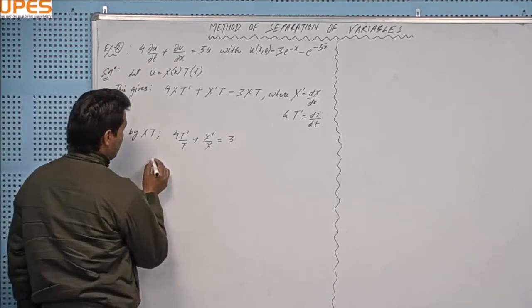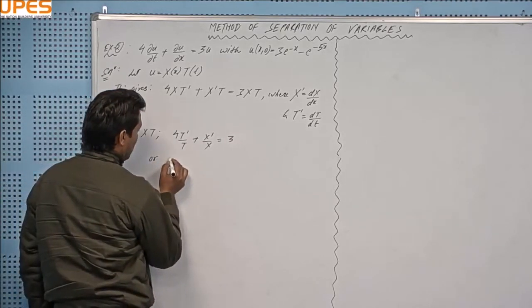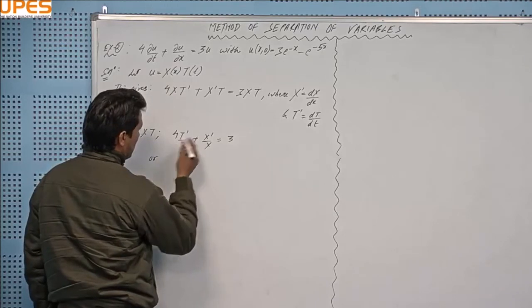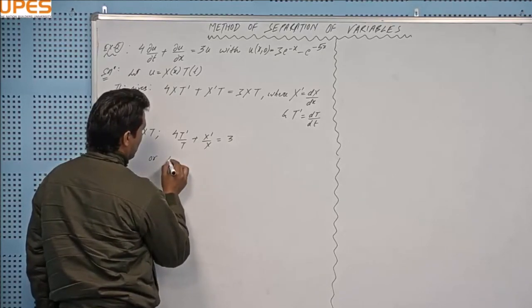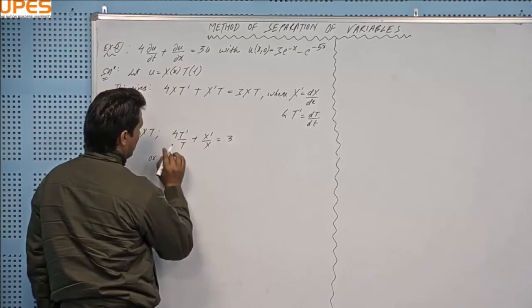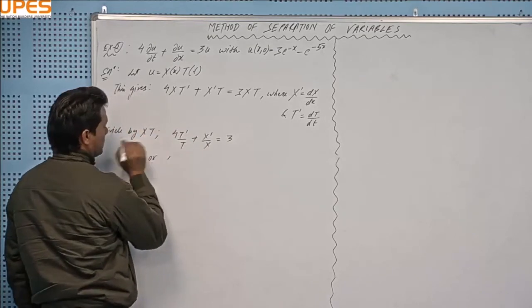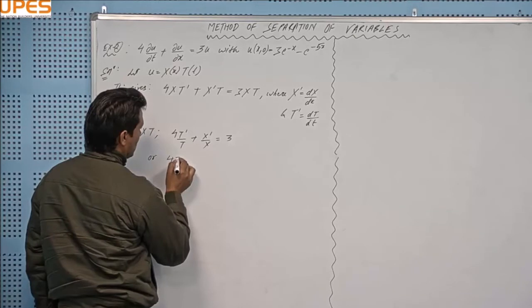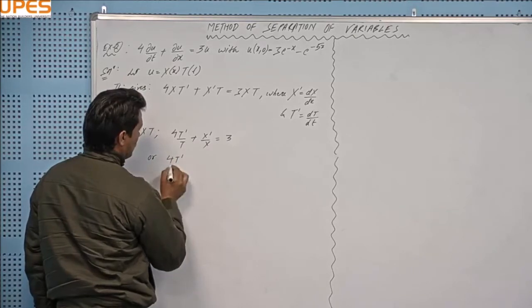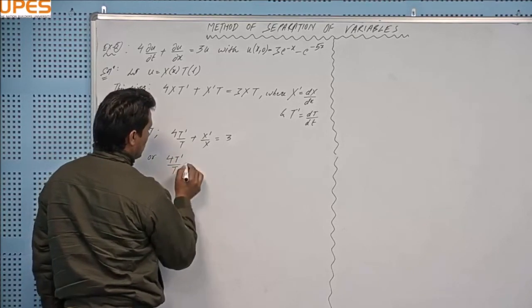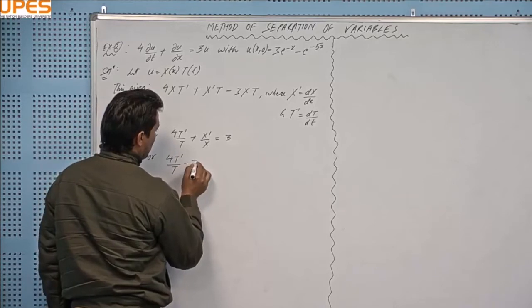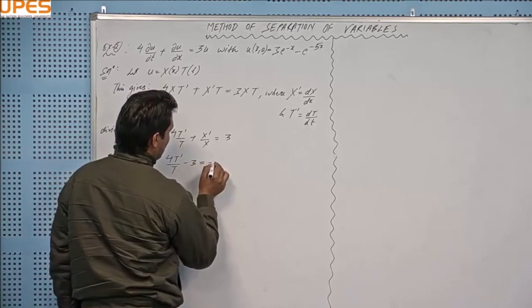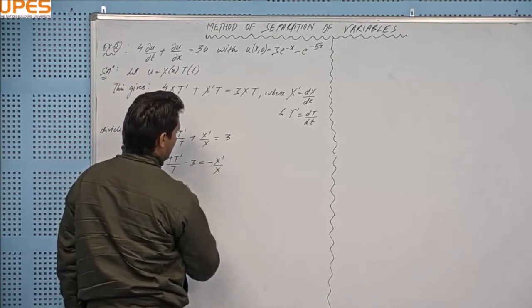I will be getting 4T'/T - 3 = -X'/X, right?